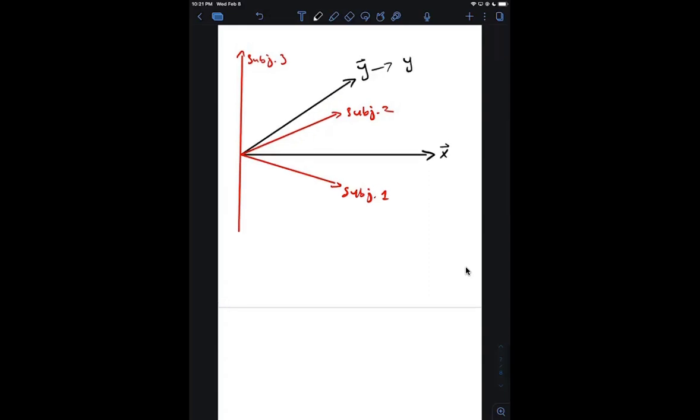So y is a member of three-dimensional space, and so is x. But note that they each span a space that is not actually the same space. It's visually obvious.